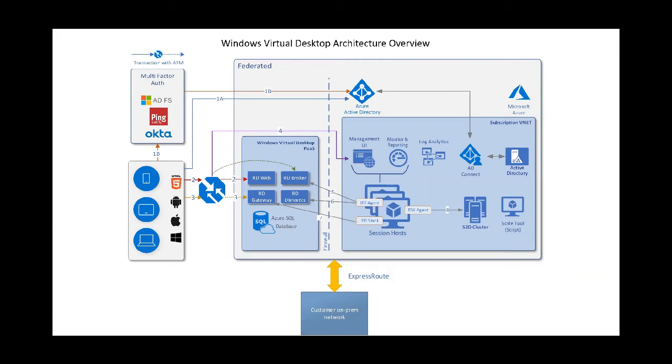And then the bigger box to its right, labeled as subscription VNet, that represents the customer's subscription on the whole. So essentially, which is the part that the customer will be managing themselves, right?